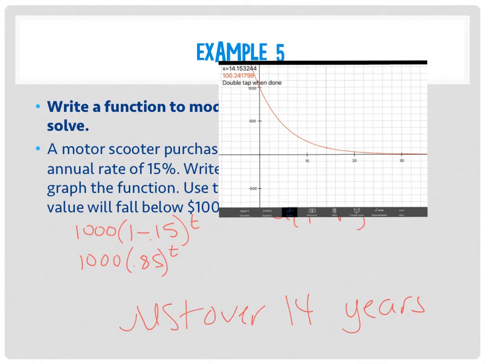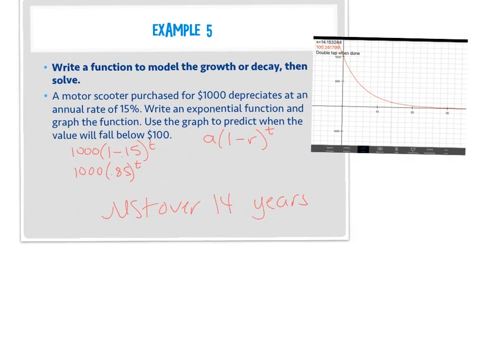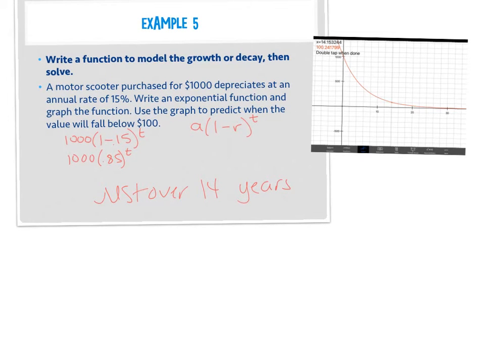A question more like one that you would see on the test is if I said, how many scooters are going to be purchased in 3 years from now? If I said that, how would I use that information?